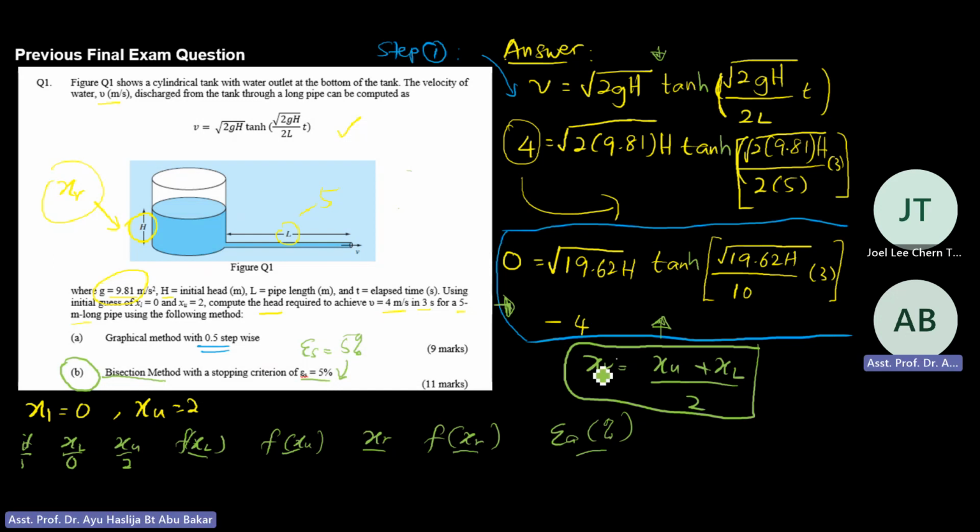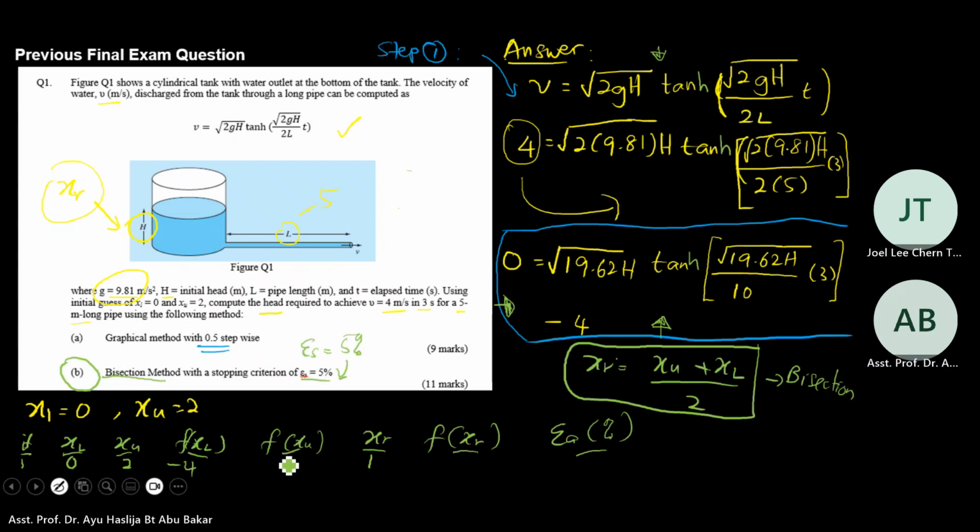XR using the bisection equation. So you get XR as 1. Then find the FXR. What do I get for FXL? -4.